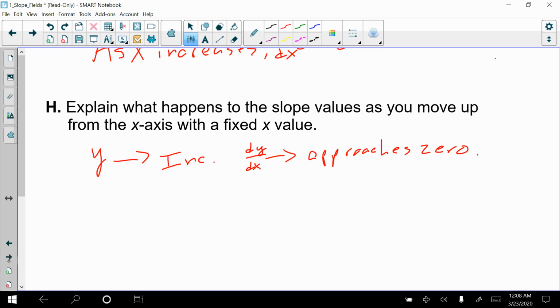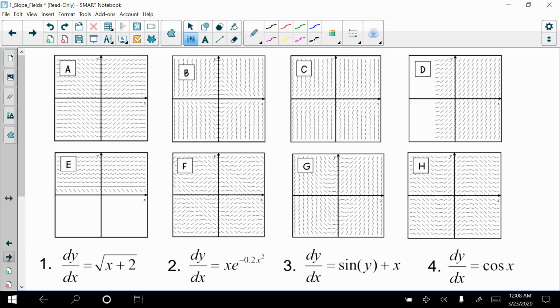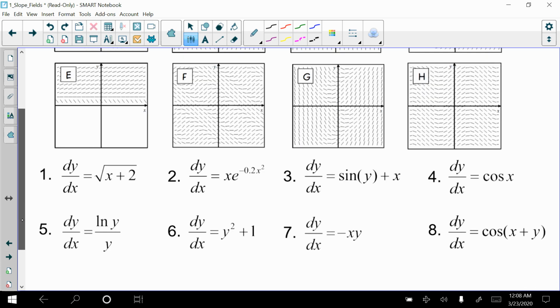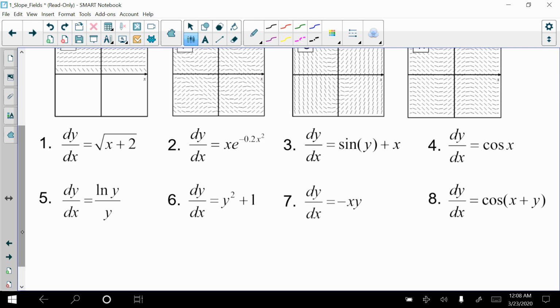Now we're going to switch gears a little bit and see, can you match the slope fields to a given function? Okay. Now let me give you guys a little hint here, and make sure that you write it down on your paper.